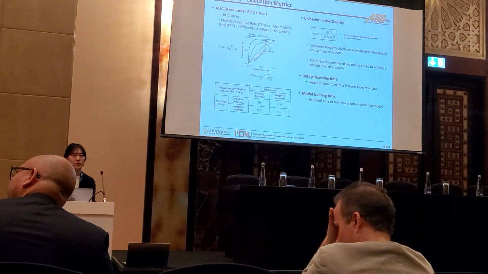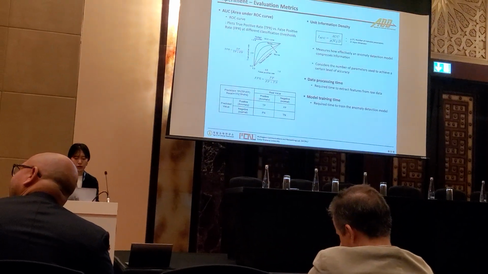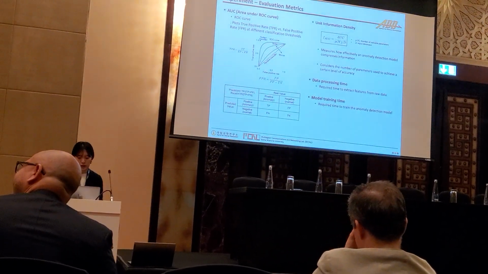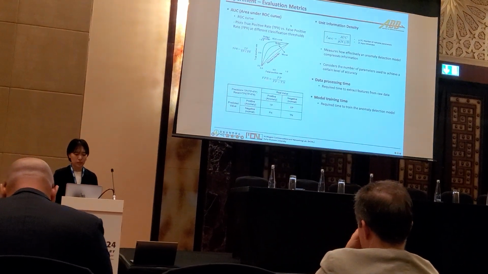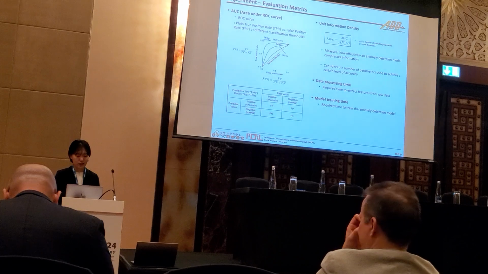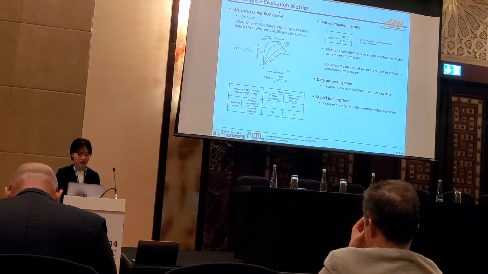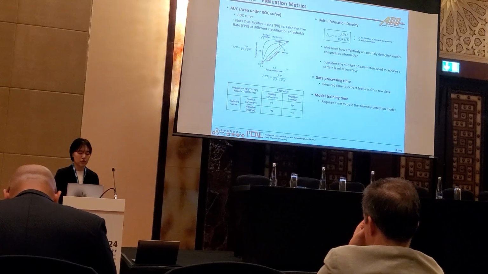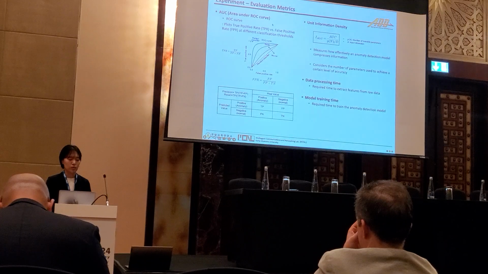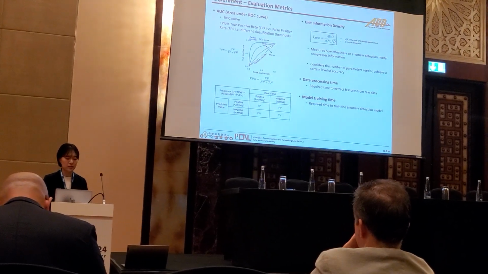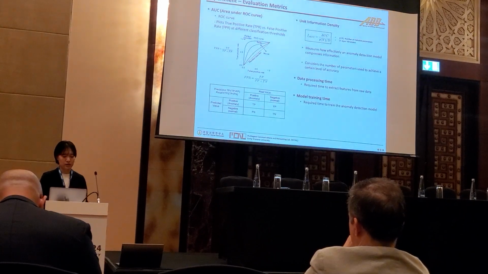And to compare the performance of the two models, we use 4 metrics. The first metric is the AUC. AUC represents the classifier's performance, and if the AUC has a value of 1, we can see the classifier as a perfect classifier.